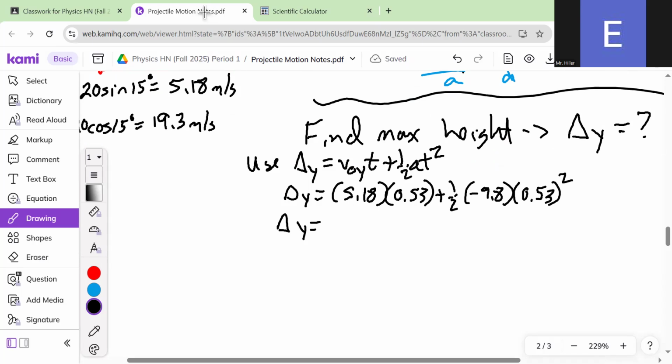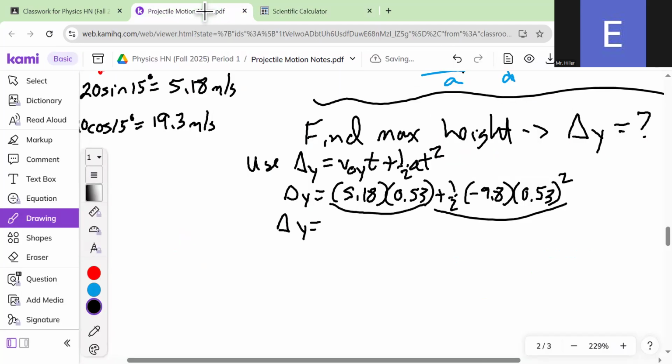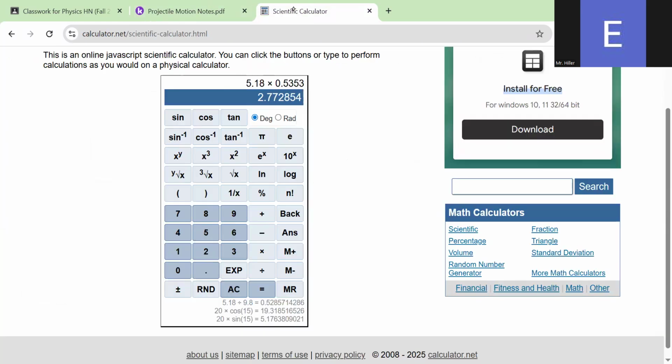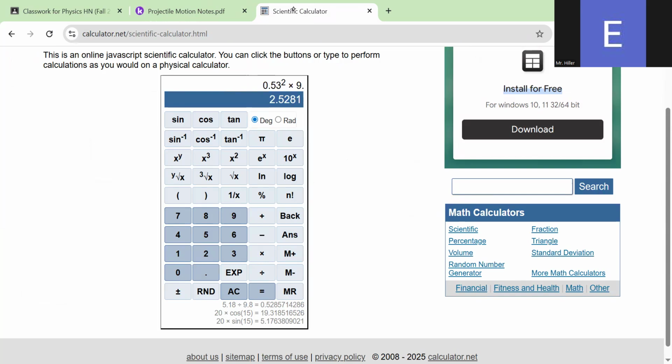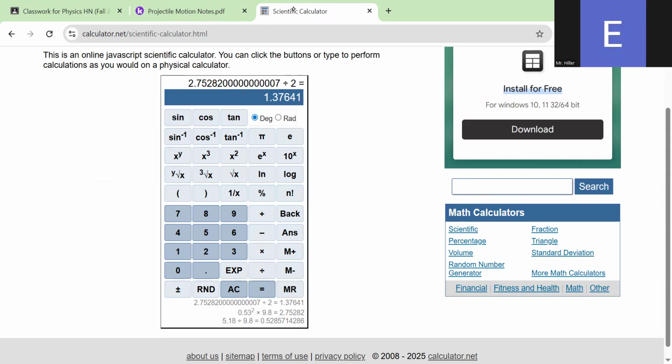I would do each part separately. 5.18 times 0.53 is 2.75 meters. Plus a negative means you subtract, so minus 0.53 squared times 9.8 divided by 2, which is about 1.38.